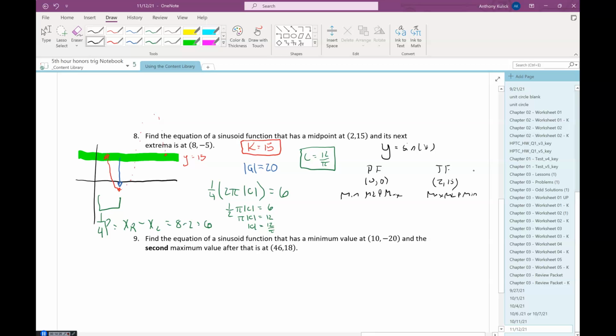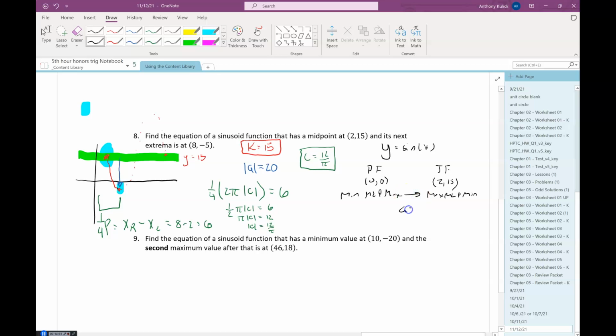Look at the picture I drew, which is, again, why I start with the picture drawn, because this guy's where we're starting. So it went from max, midline, min. Everybody kind of see that? Okay.